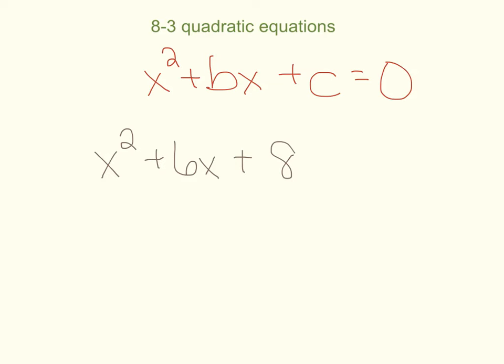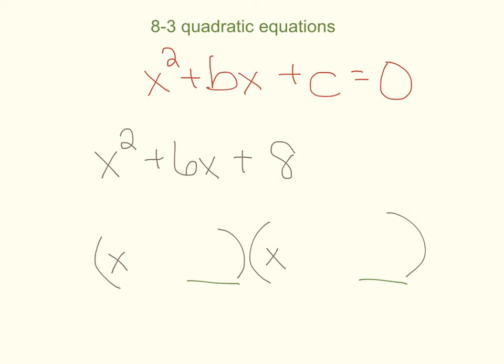Well, we know with FOIL that we have two sets of parentheses, and so from here you want to go backwards. You know that your first two numbers are x, because when you multiply those together you get x squared. Then you have to determine what these two numbers are.